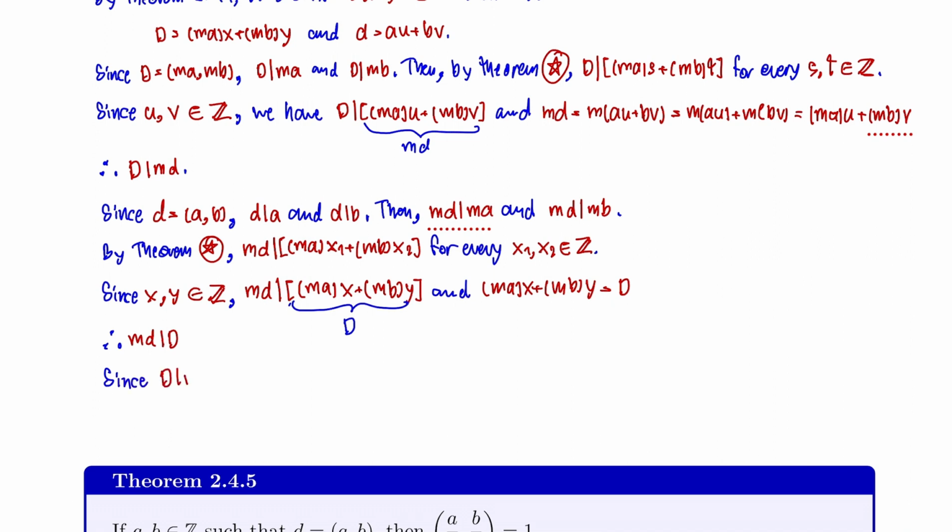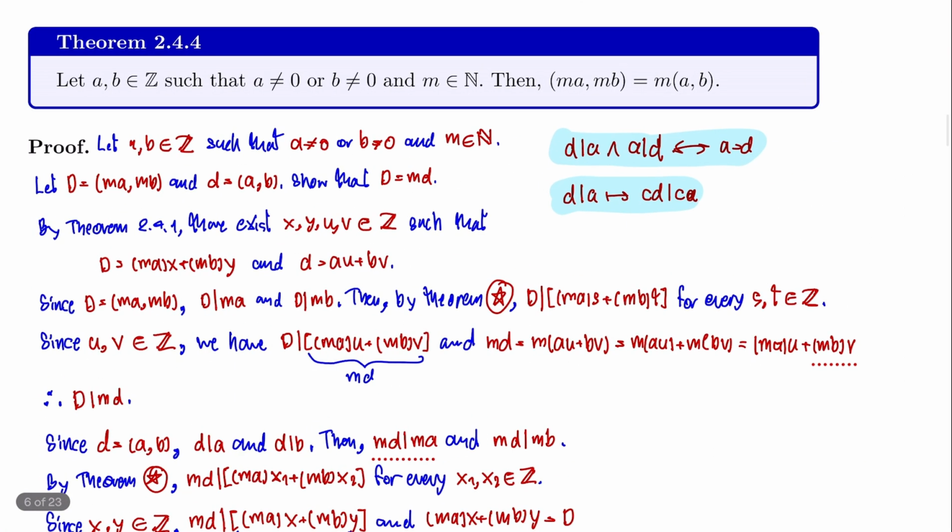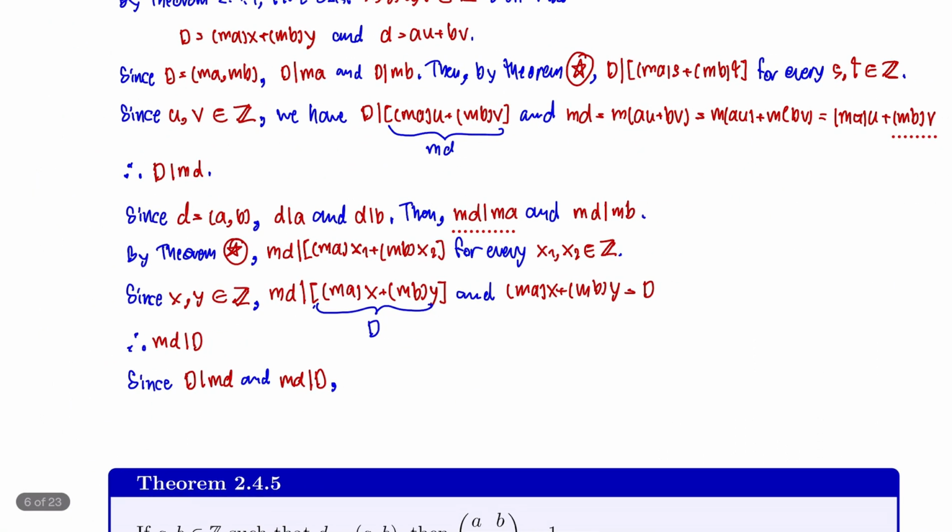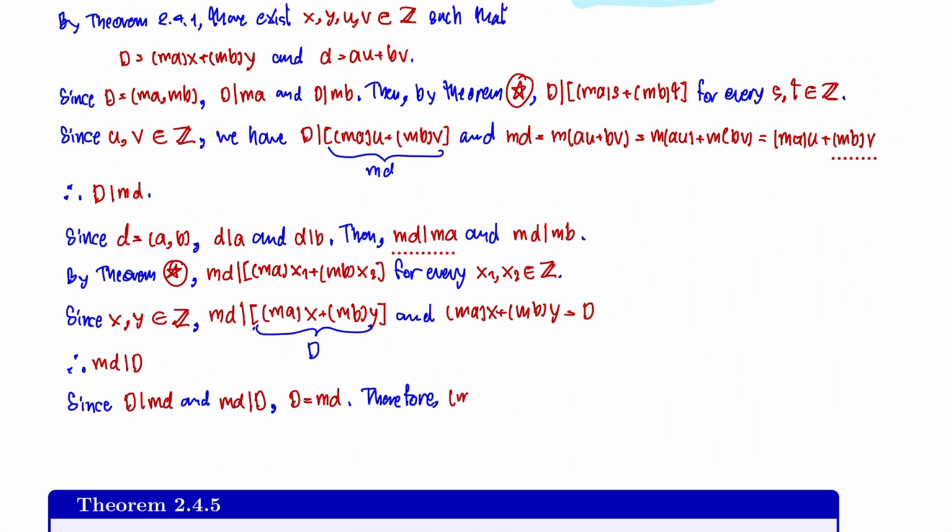Since big D divides md and md divides big D, we use this one here, so we're going to have big D equal to md. Therefore, the greatest common divisor of ma and mb is m times the greatest common divisor of a and b.